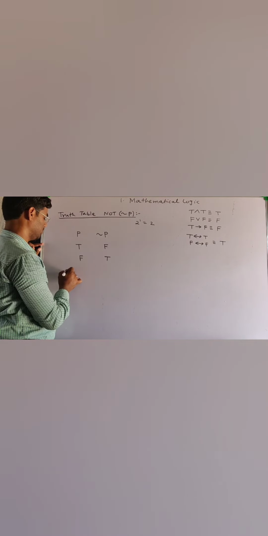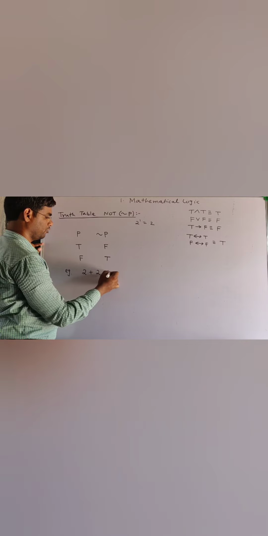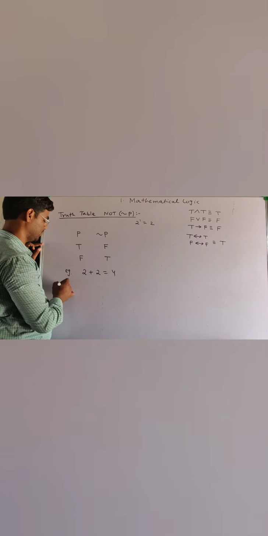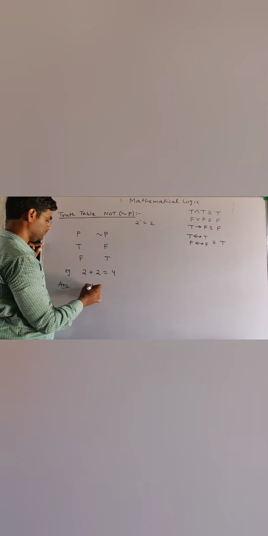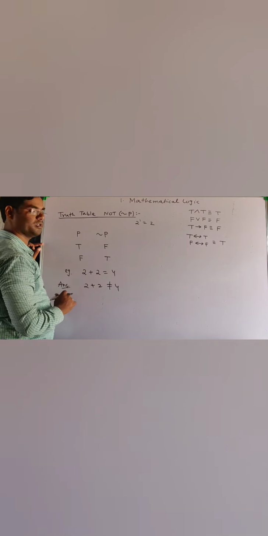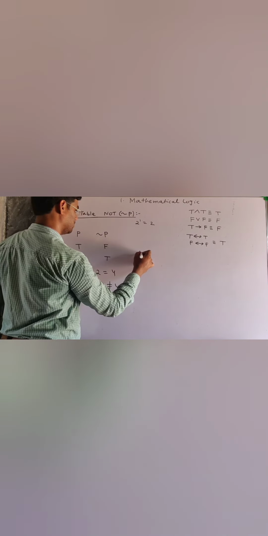For example, suppose we have to write the negation of the sentence 2 plus 2 is equal to 4. The negation of this simple statement is 2 plus 2 is not 4. This simple denial of a simple statement is known as negation. Let us take one more example.